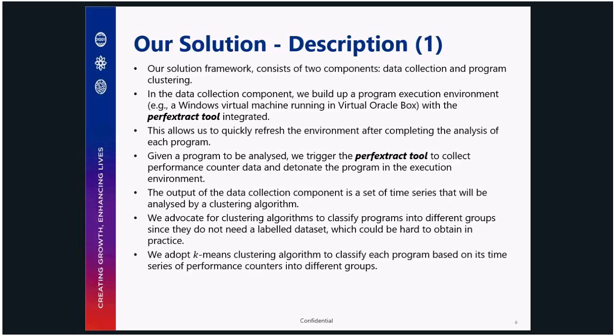And then we chose clustering to divide into different groups, because clustering doesn't need a labeled data set, which is true in practical scenarios, because we don't always get a labeled data set. So we use a k-means clustering algorithm to classify the programs based on the time series data.